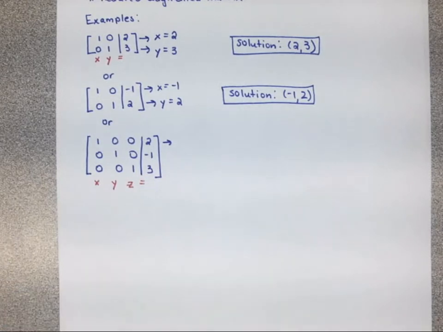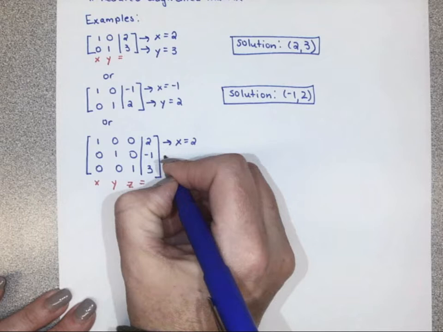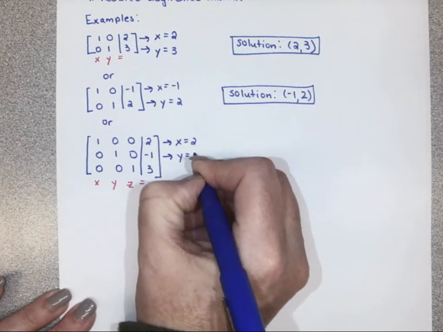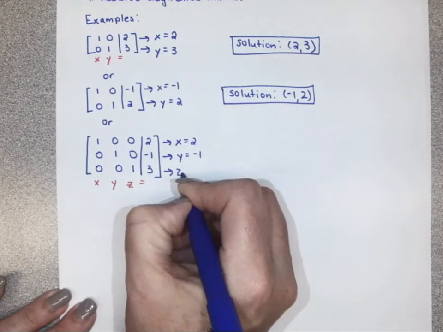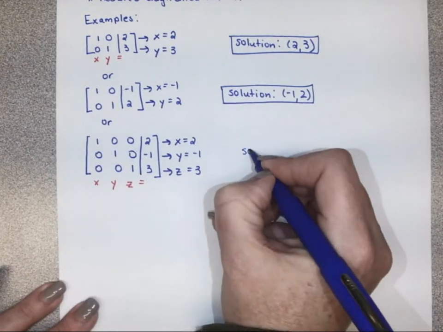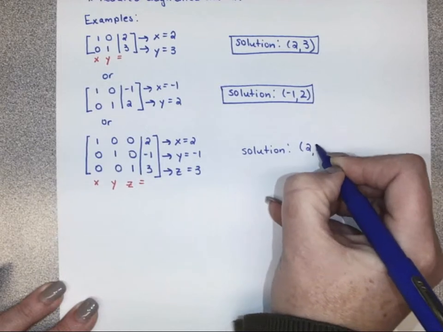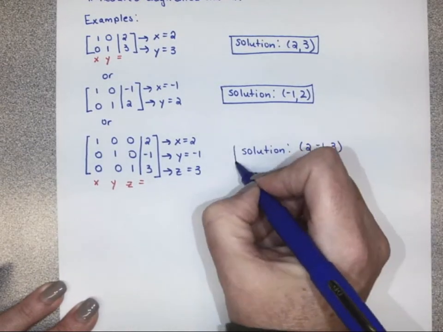Z's, and then you still have the equal sign. So for this one, we have that x is 2 from the first row. The second row has us read that y is -1, and then the third row has that z is 3. So the solution to this system would be 2, -1, 3.